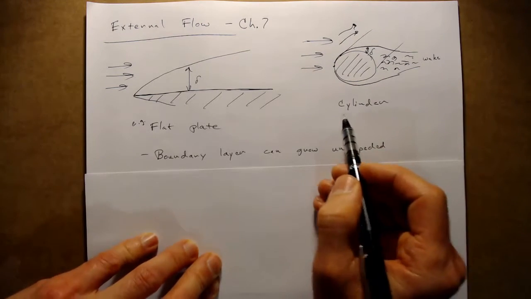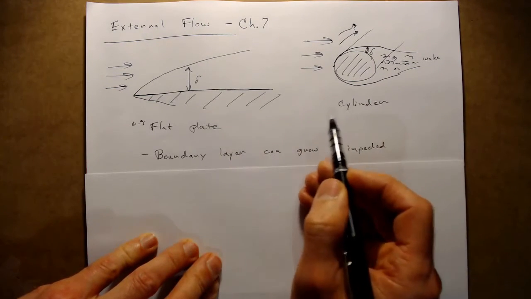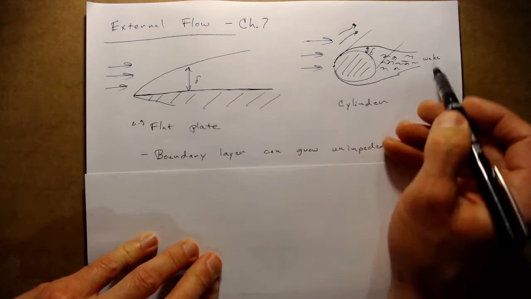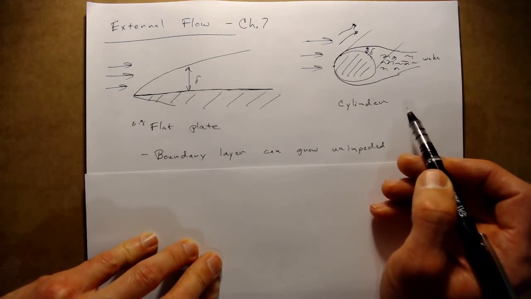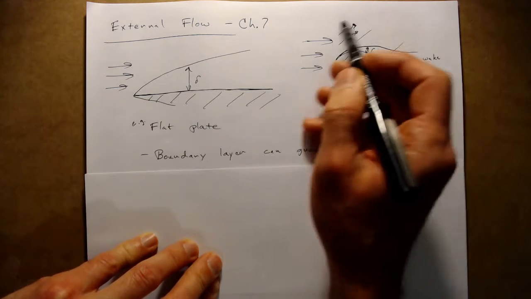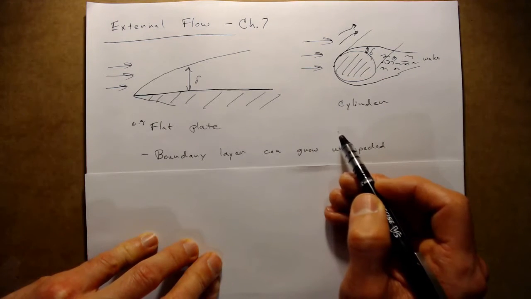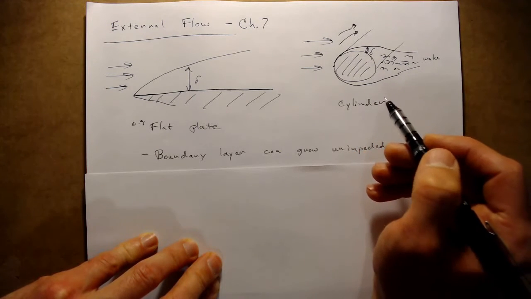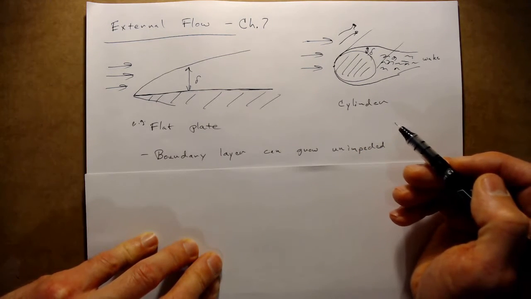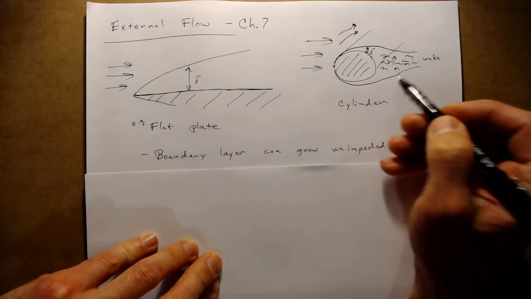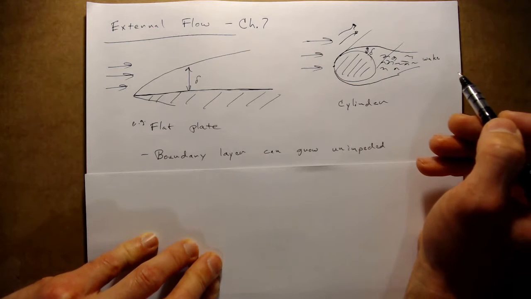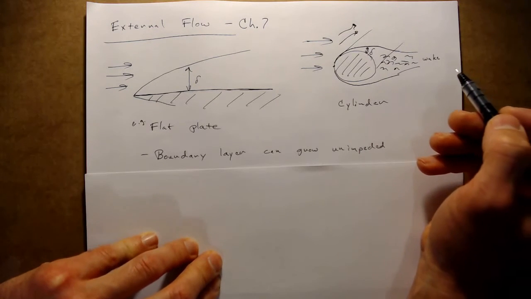Now, we're going to split these two apart. I make a distinction between the two because the cylinder falls into a type of object that we might refer to as a bluff body. And what defines these objects as far as fluid mechanics is concerned is the fact that they tend to produce a wake. And we're familiar with this, for example, behind a boat.